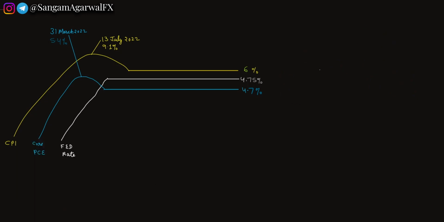But before you say that interest rate can go up to 6%, first you have to understand the difference between these three. CPI means the maximum the Fed interest rate can go, which is now 6%, and in future CPI will only go down.